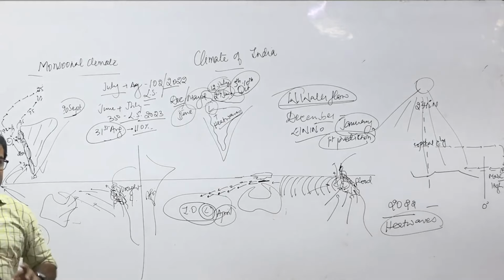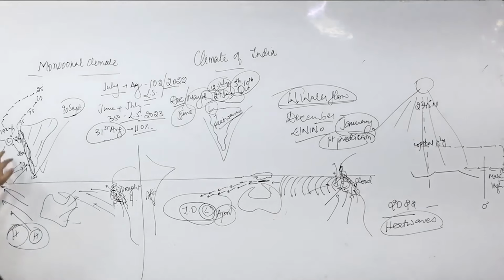But it developed exceptionally because of the excessive rise in temperature of the ocean in the Arabian Sea. So this is also the impact of global warming, of climate change. The rise in temperature of the oceans has been changing the mechanism of the monsoon.